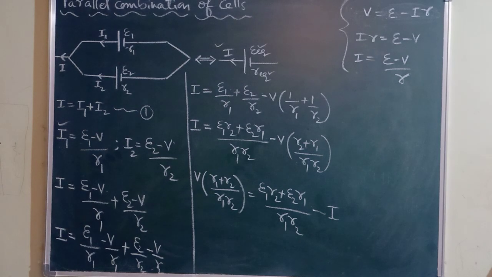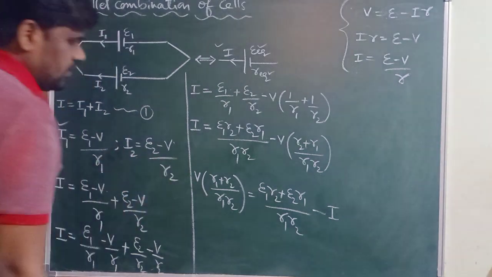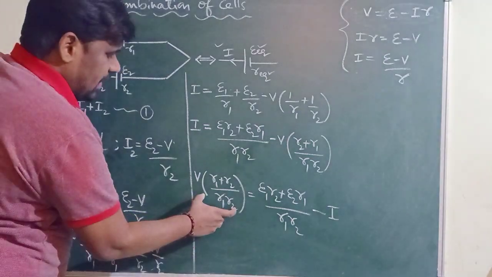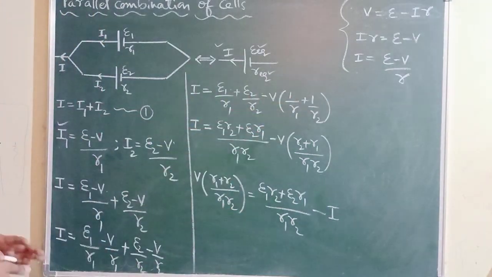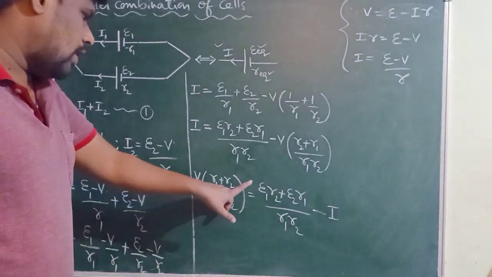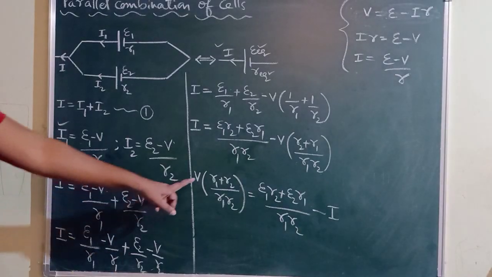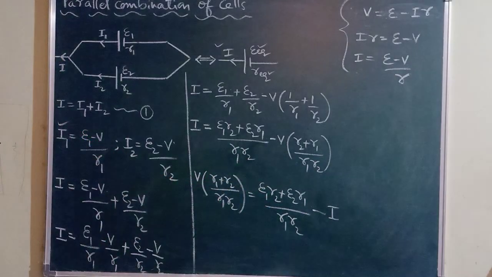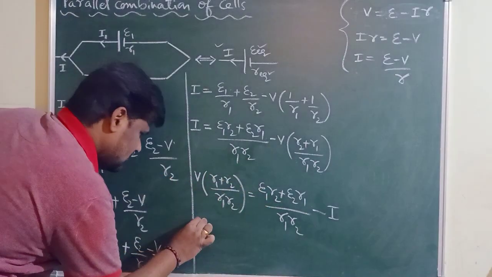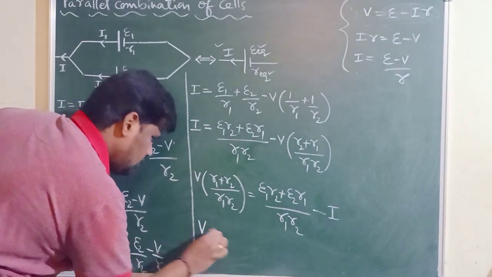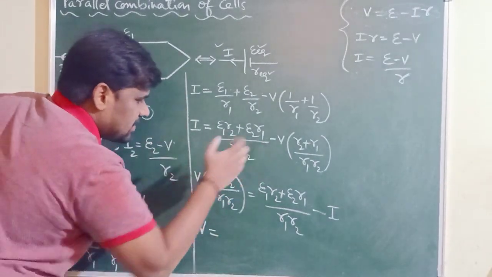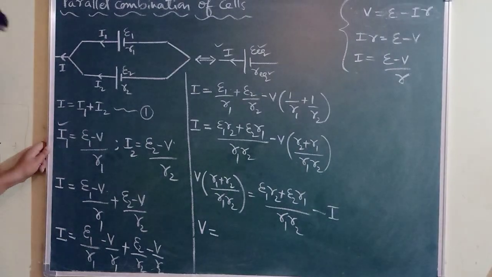Next, I will maintain V as it is. You transfer this entire term to the RHS, so that R1 into R2 goes to the numerator and R1 plus R2 comes to the denominator. We keep this as it is. V equals, I will transfer this entire term to the RHS.